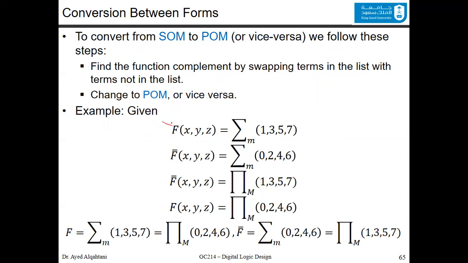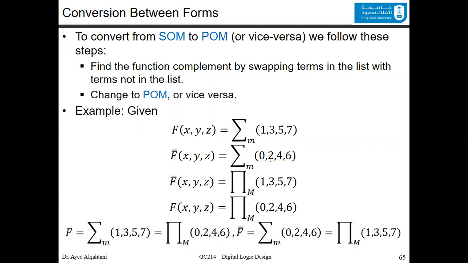You want to move from the sum of minterms and end up with the product of max terms. One way to do it is to get the complement, which is by having the sum of minterms, but listing the indexes that were not presented here.